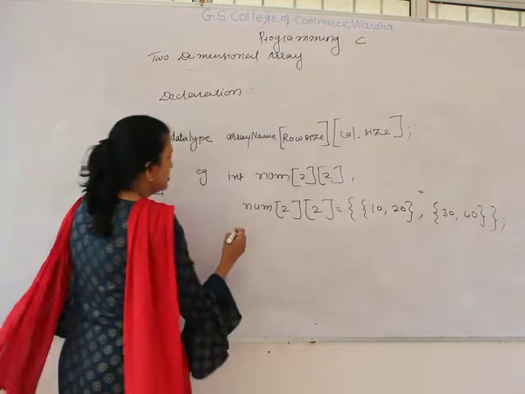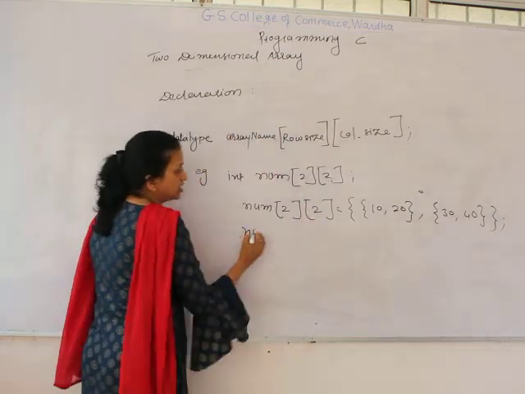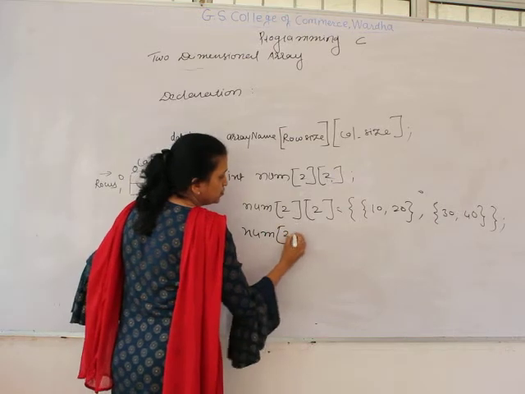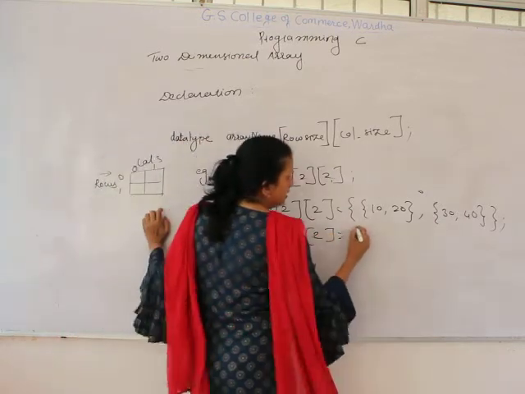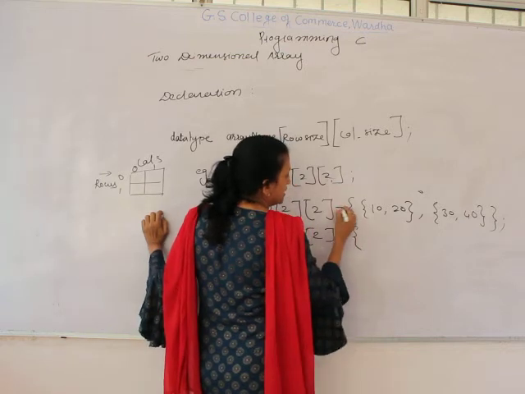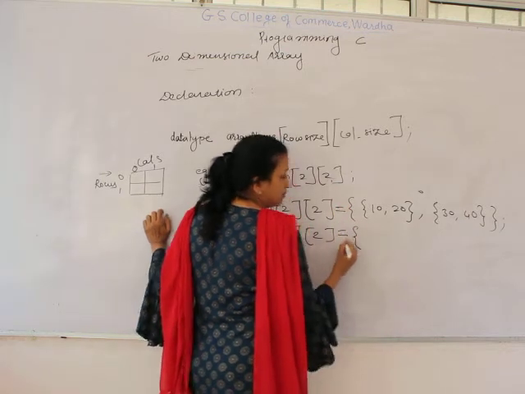You can also initialize the values in this way: 2 by 2, meaning 2 rows and 2 columns, with curly braces and an equal sign, which is the assignment operator.